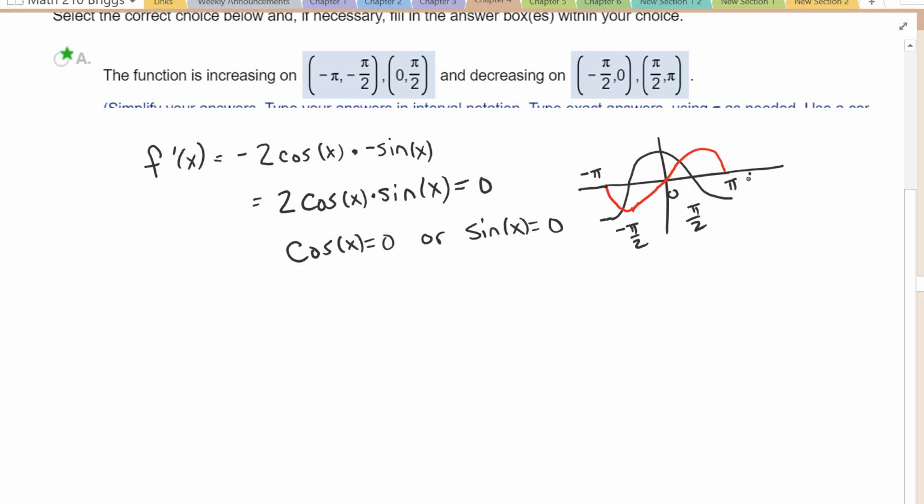So we have cosine of x here, sine of x in the red.